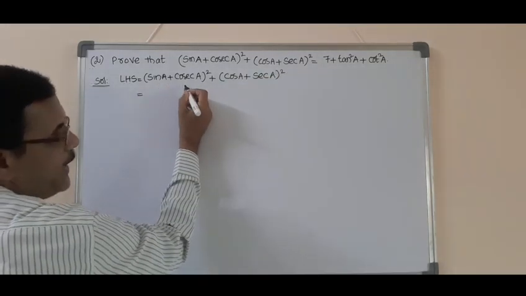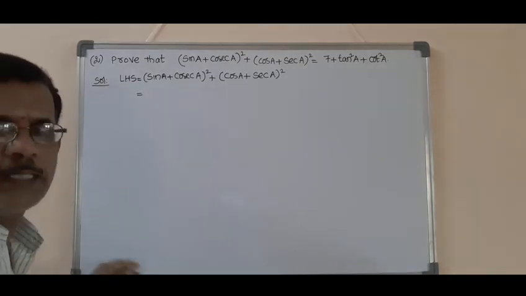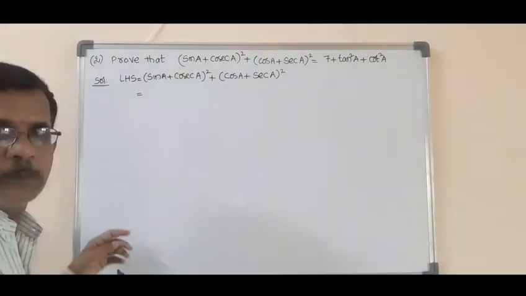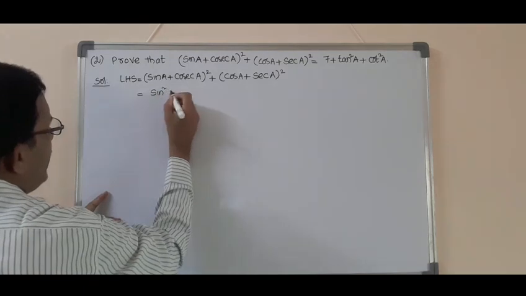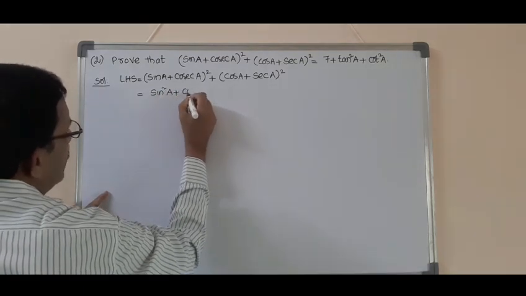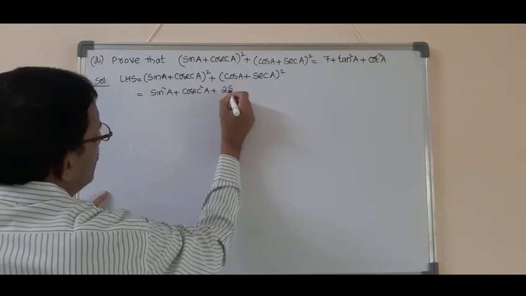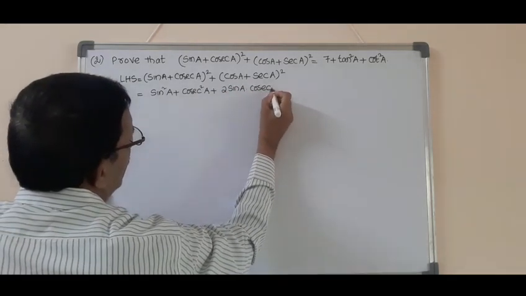It is in the (A plus B) whole square form. This is also in the same form. So (A plus B) whole square is equal to A square plus 2AB plus B square. Sin square A plus cosec square A plus 2 sin A into cosec A.